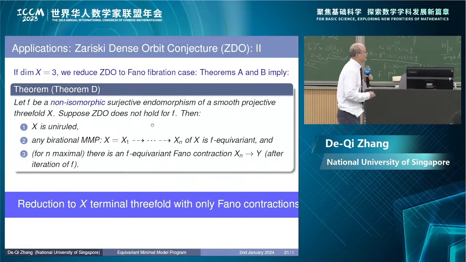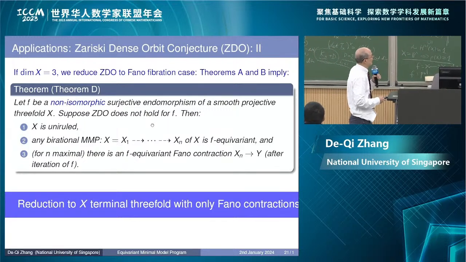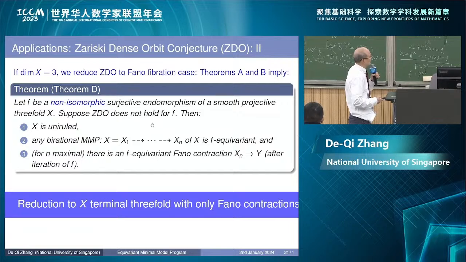So the application here is that in dimension 3, we want to say that the Zariski dense orbit conjecture is true. So suppose it's not, then it must be uniruled. So you can run a minimal model program, and the minimal model program is equivariant. We remember that the dynamical degrees and so on are preserved by birational maps.